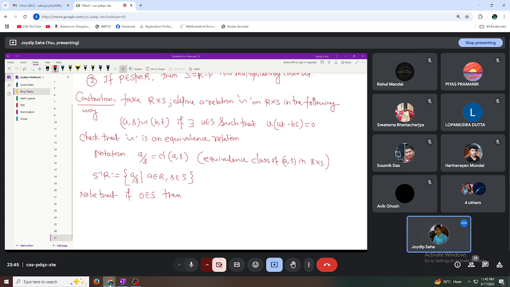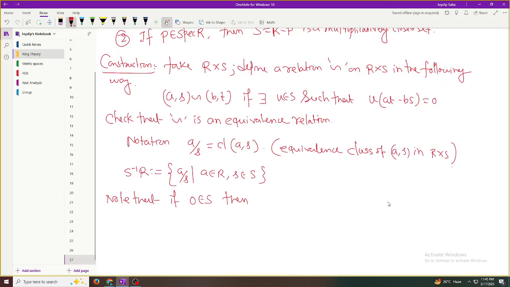If 0 belongs to S, then what happened? Take any A by S, then A comma S is related to 0 comma 1, as for any A belongs to R, S belongs to S, 0 into A T, A T means A dot 1, minus 0 into S equals 0.